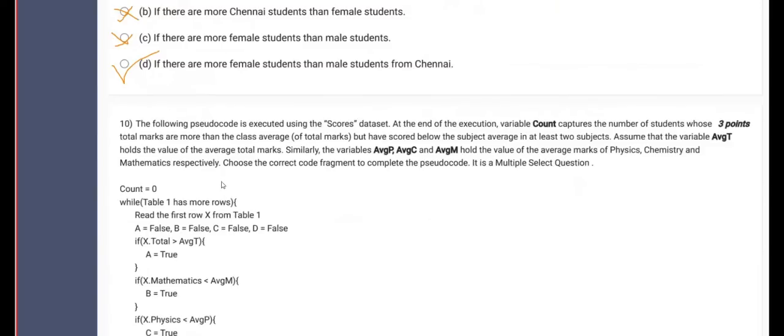Now coming to the final question, which is the last question. The following pseudocode is executed using the course dataset. Count captures the number of students whose total marks are more than the class average, but have scored above the subject average in at least 2 and below the subject average in at least 2.